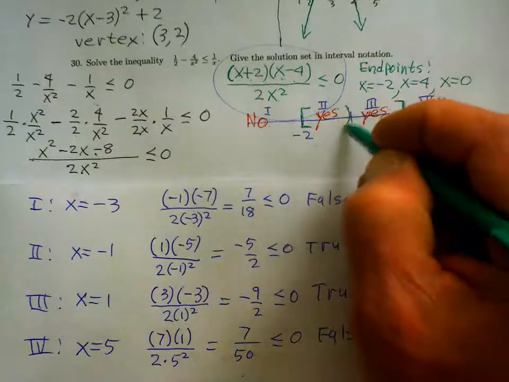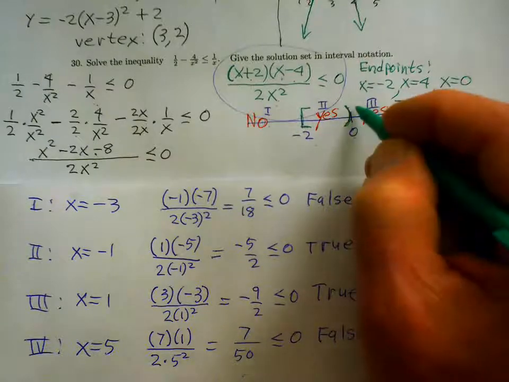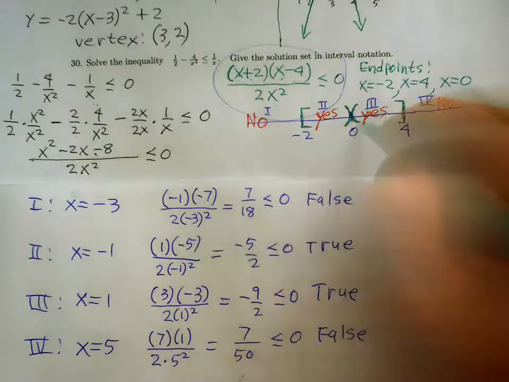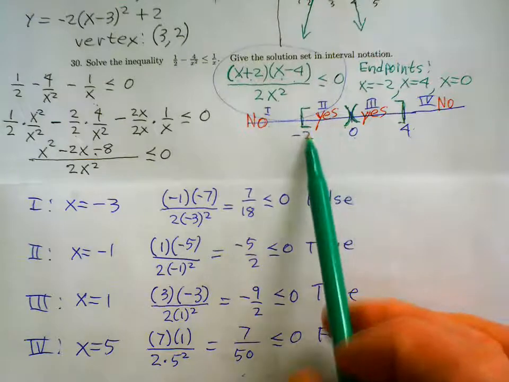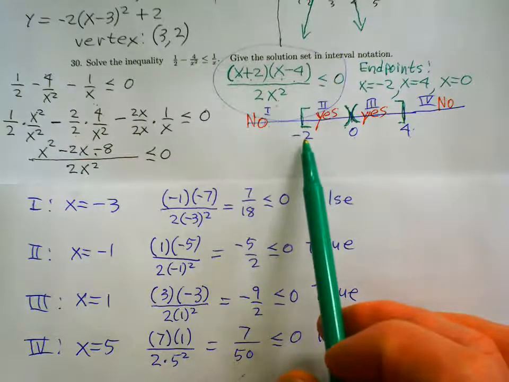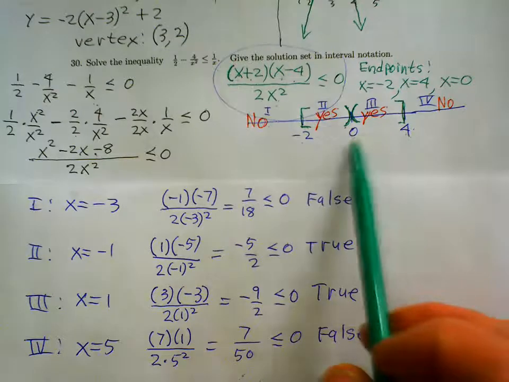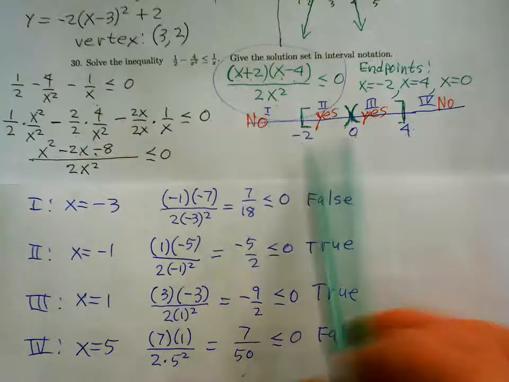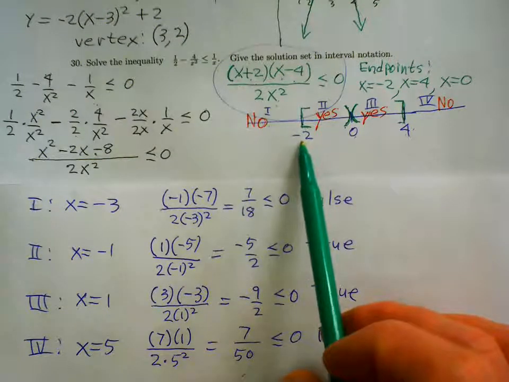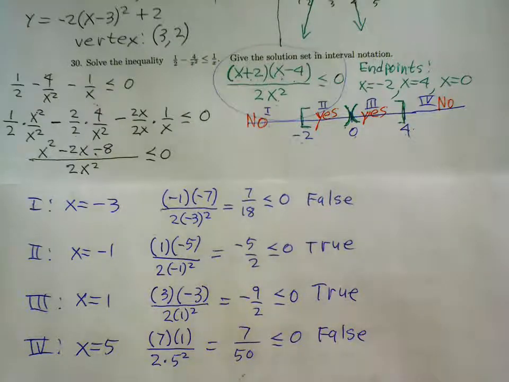So we have sort of a unique case. All of the numbers between -2 and 4 are solutions except 0. And the endpoints -2 and 4 are solutions.